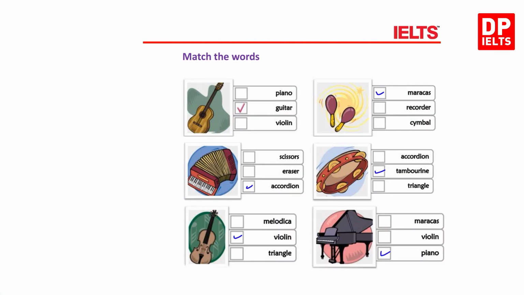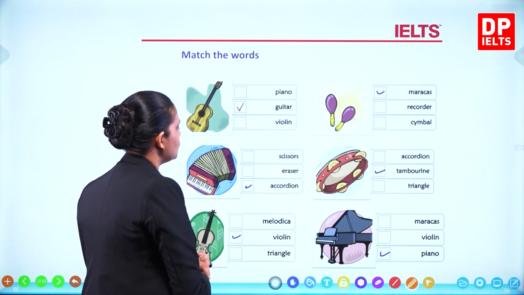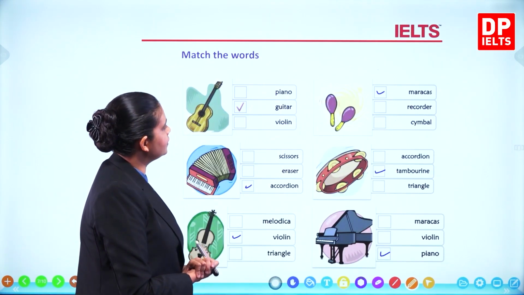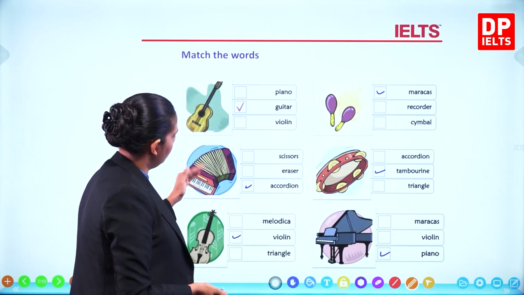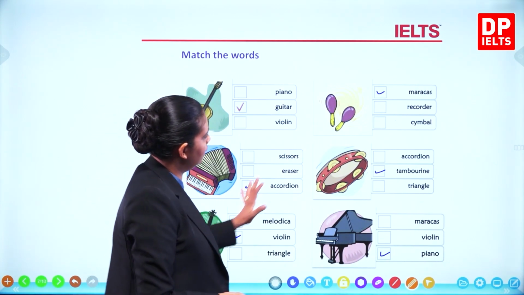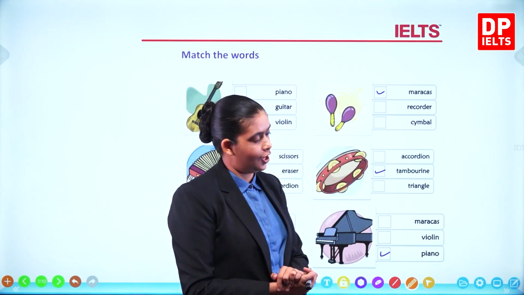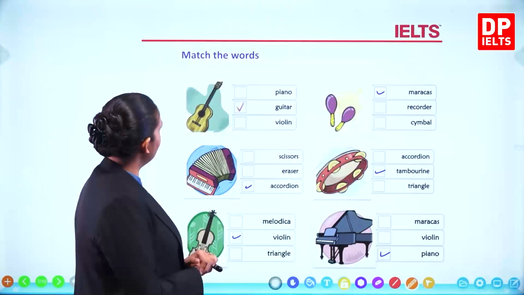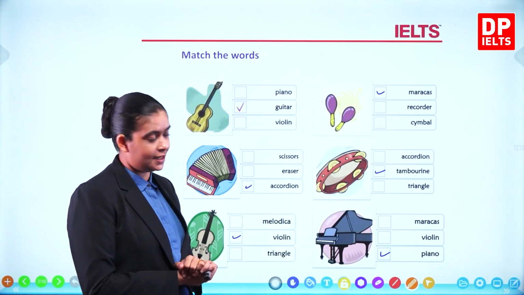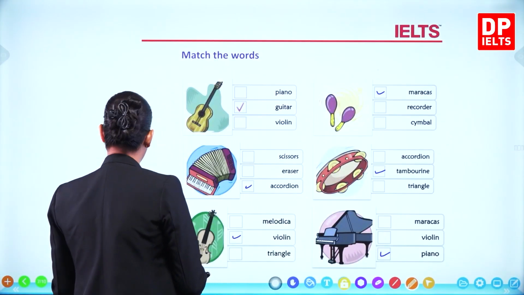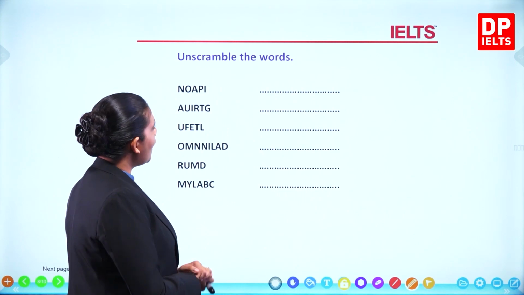And finally, we have the piano, right? So here we've got the guitar, the accordion, the violin, maracas, tambourine, and piano, right? So we had a look at a matching activity. Now let us have a look at the next one.